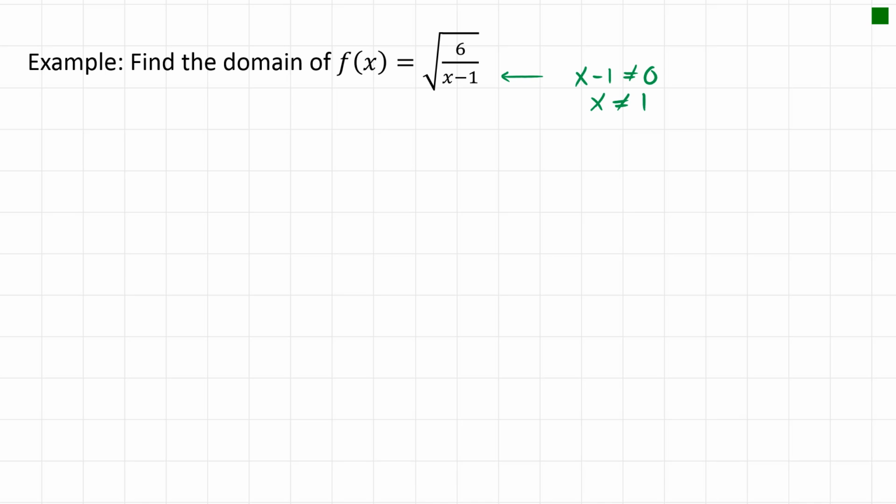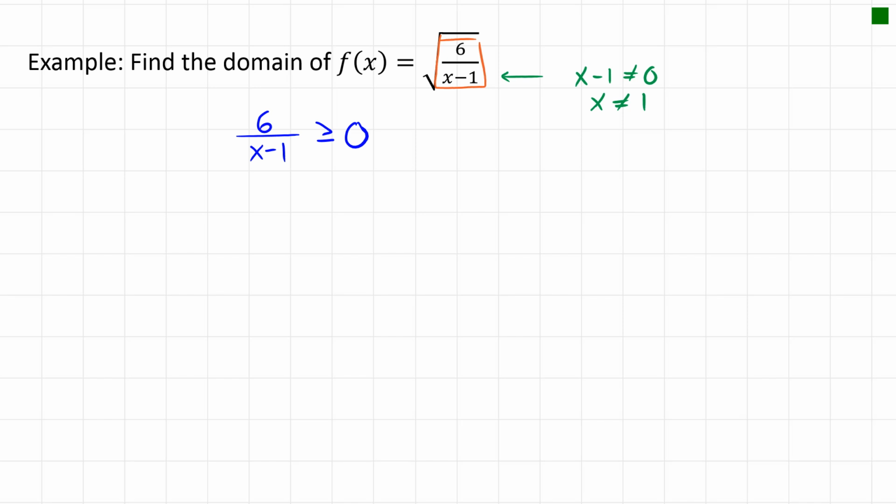And then the other part of this is that we have the square root of this rational expression, and the square root of anything has to be greater than or equal to 0. So 6 over x minus 1 has to be greater than or equal to 0. Again, this whole unit here has to be greater than or equal to 0. It looks tricky and it's not super easy to see what x needs to be right away.